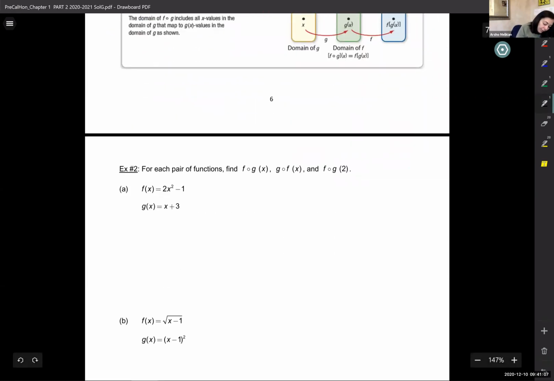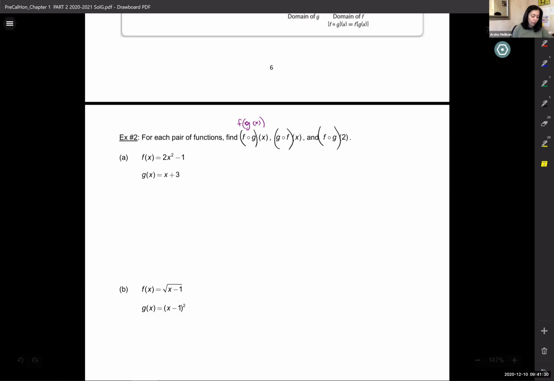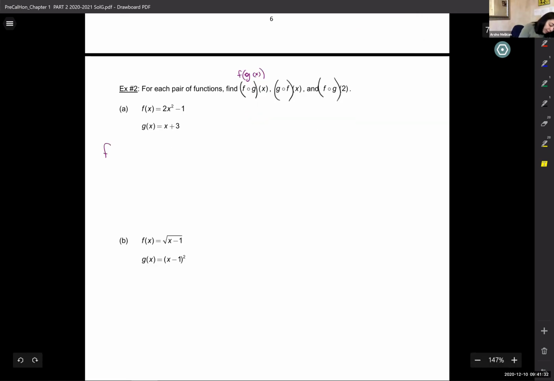So let's do one here. We need to find f of g of x, g of f of x, and f of g of 2. For the first one, where we have to find f of g of x, here's how I do it. There are lots of ways to do it. The outer function here is f. So I start out by writing f of x.